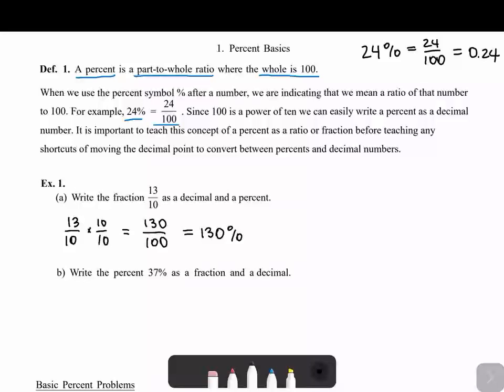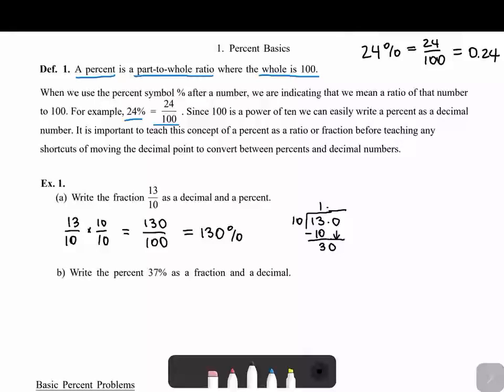And then we want to also convert this to a decimal. You can do this in a lot of different ways. One way is just dividing 13 divided by 10. 10 goes into 13 one time, with 3 left over. We can add a decimal here, add a decimal here, carry the 0 down, and we get 30. 10 goes into 30 3 times.